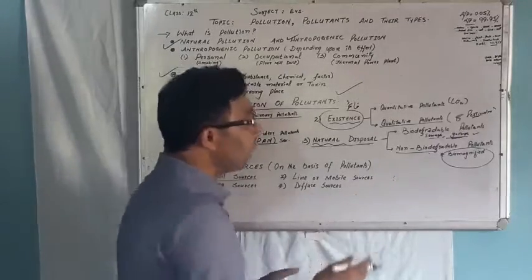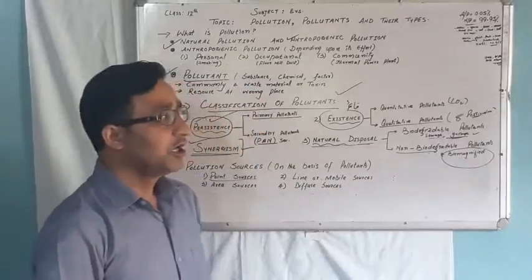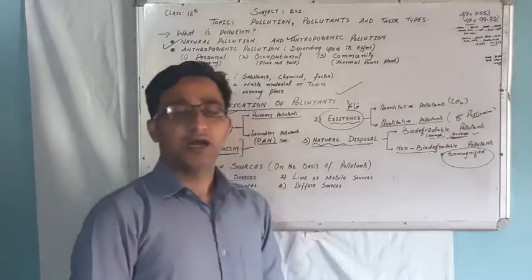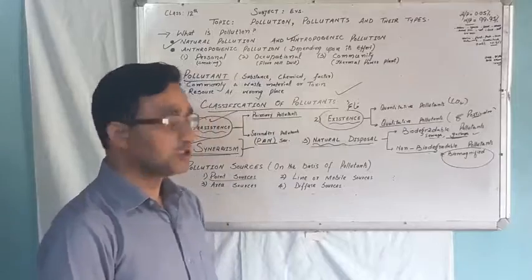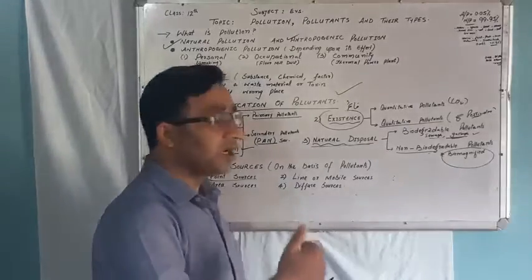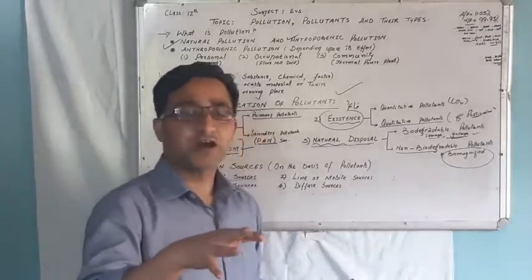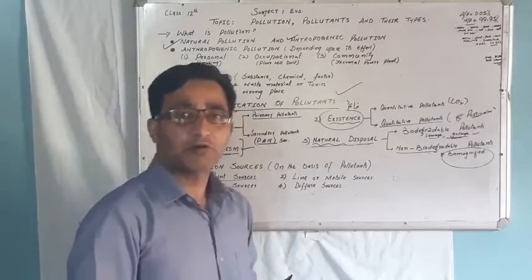इसी तरह लाइन और मोबाइल सोर्सेज, these are those sources where the pollutants are added to the environment from a narrow belt.